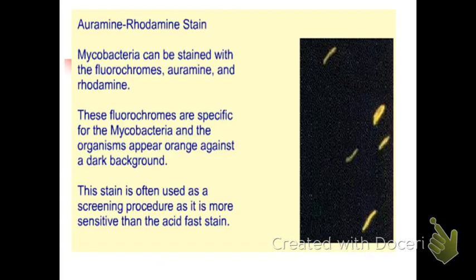So this AR stain is actually more sensitive than Ziehl-Neelsen or the Kinyoun's method because it will be easier for us to see these microorganisms as they usually glow in the dark against a dark background. But this stain is more expensive as compared to the Ziehl-Neelsen or Kinyoun's method, and it requires a special type of microscope.